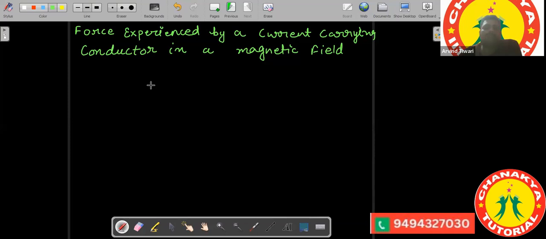So we take here an example of a bar magnet. And using this bar magnet, we draw, let this be the bar magnet. So this is our bar magnet. And let's say this to be the North Pole and South Pole.